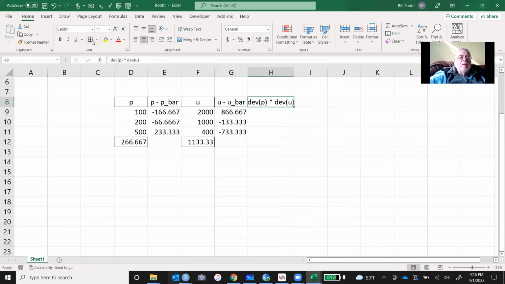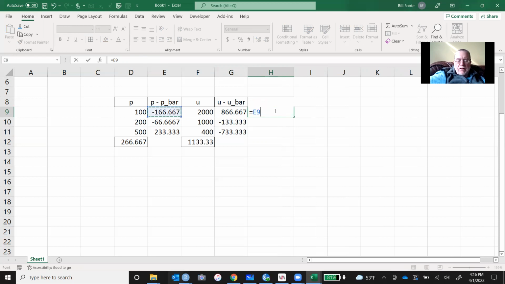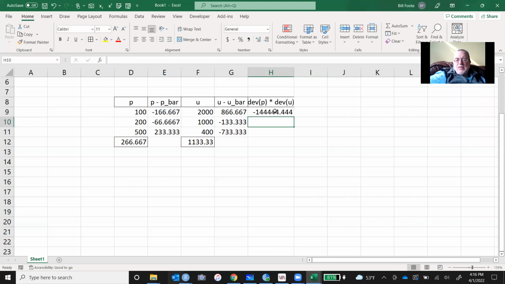So let's do this simple multiplication of that price deviation times that unit deviation. Pretty big number. And as I told you, these could be very large or very small, positive or negative numbers for covariance.